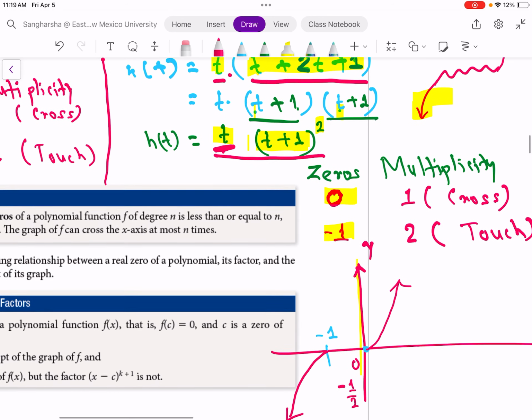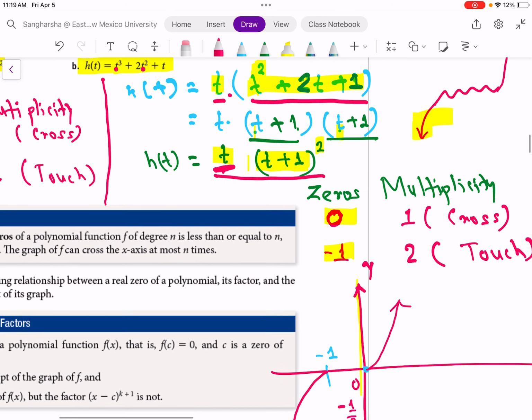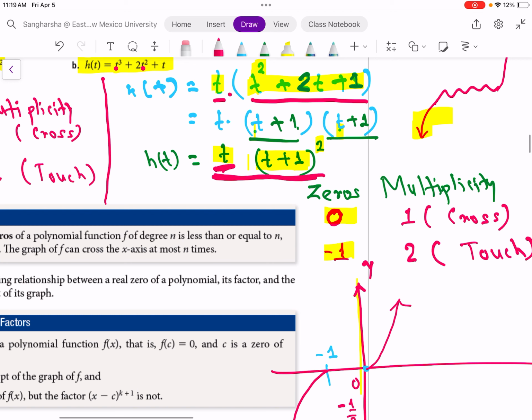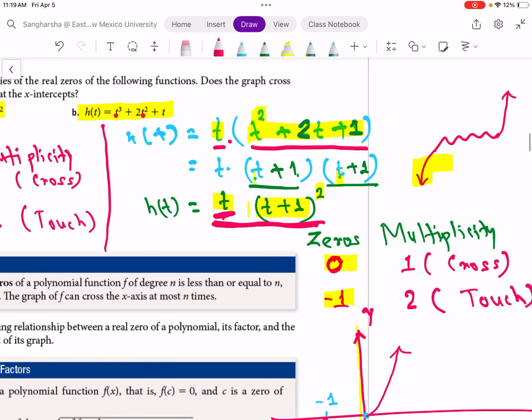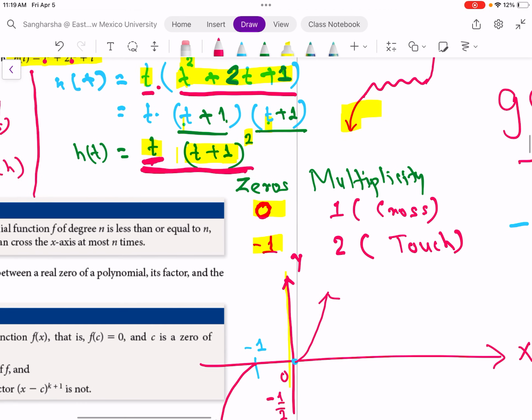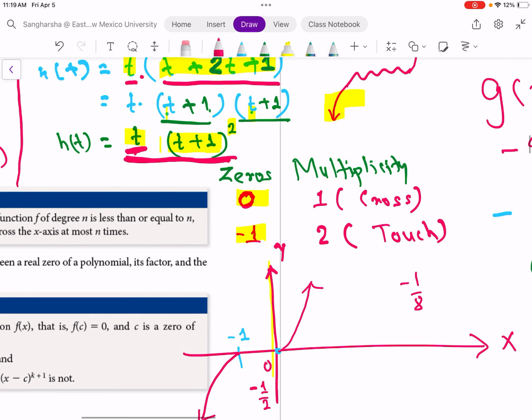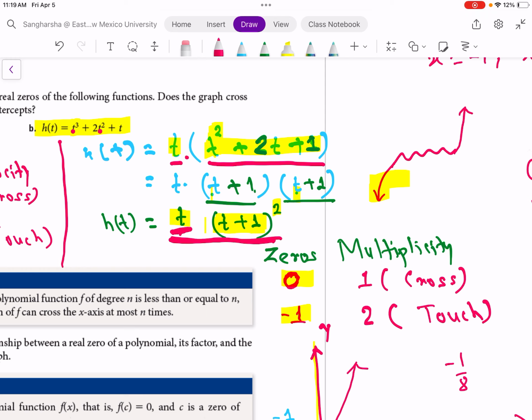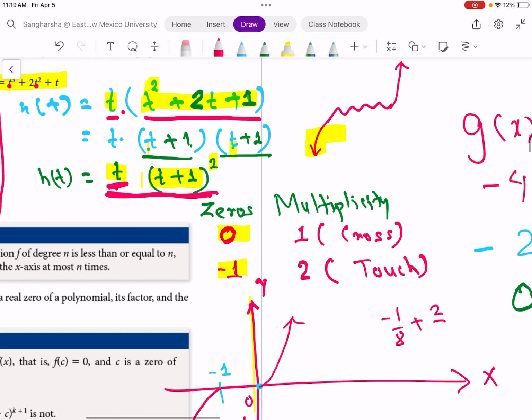Or you can substitute here, it does not matter. Okay, let's do here. So we have negative 1/8. So 2 times negative 1/2 squared. Negative 1/2 squared is positive 1/4, times 2 is positive 2/4, and our t is negative 1/2.